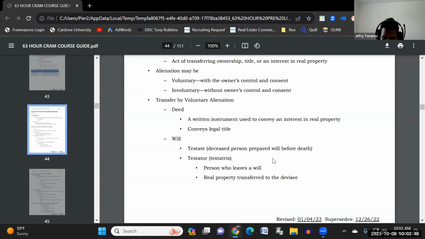I'm not referring to all the way back when it was invented, more like testator is the one leaving the testate, so it comes from the word testate. It's legal terminology. I would think it comes from Latin. Testate, testator, devisee would be the person getting it. I just always knew it as that. I've never thought about it too deeply. I just took it for what it is. Got it. No problem.